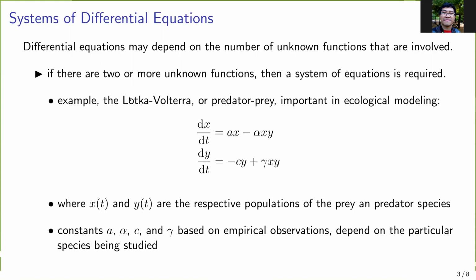For example, the Lotka-Volterra equation given by these two differential equations. x and y are populations of the prey and predator species respectively. a, alpha, c, and gamma are constants based on empirical observations and also dependent on the species.